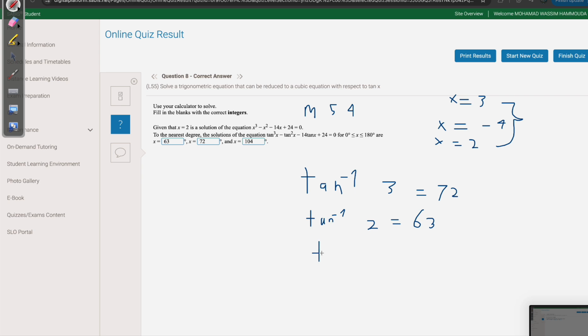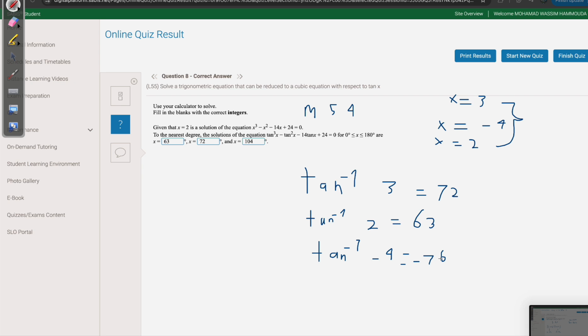And tan inverse negative 4 will give you approximately negative 76.